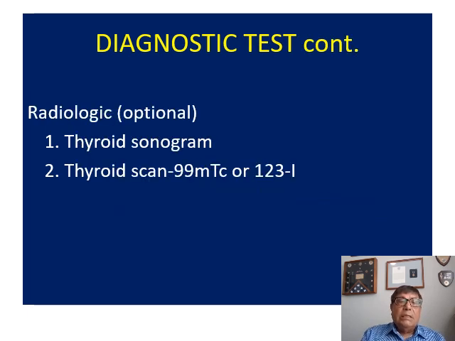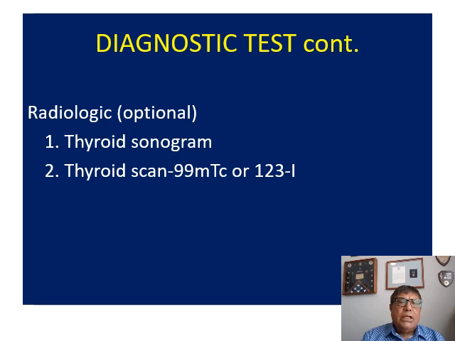The other test is the thyroid sonogram, and a good sonographer will be able to detect the thyroid gland wherever it is, in the neck or in the tongue. But the interpretation of this test has to be done by a radiologist who is very experienced in doing so. For some reason, the Europeans have done a very good job in thyroid sonogram, but we are doing as good nowadays.